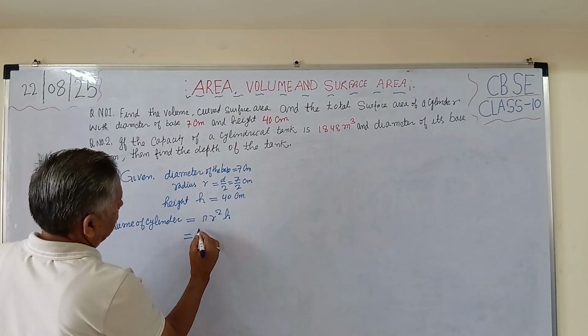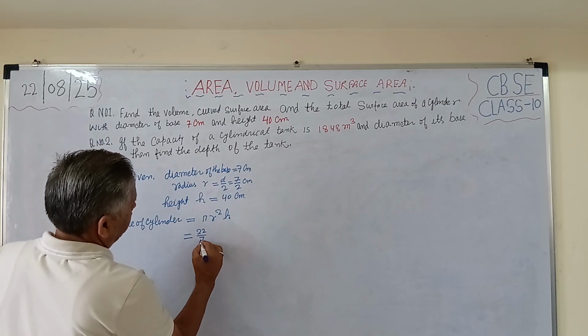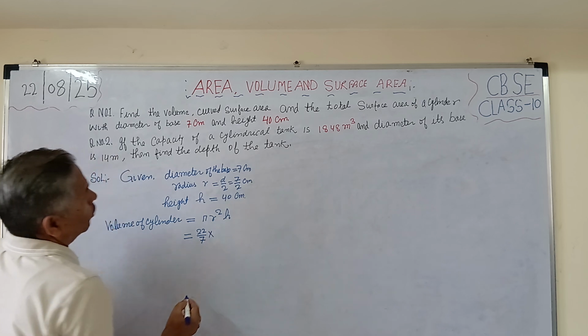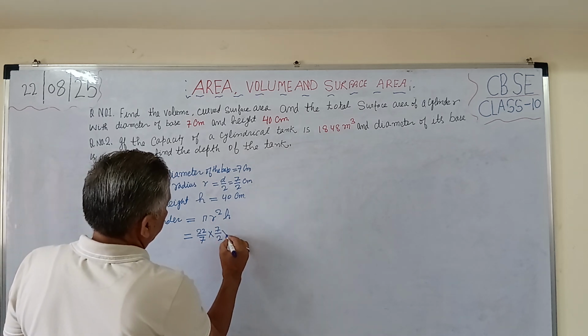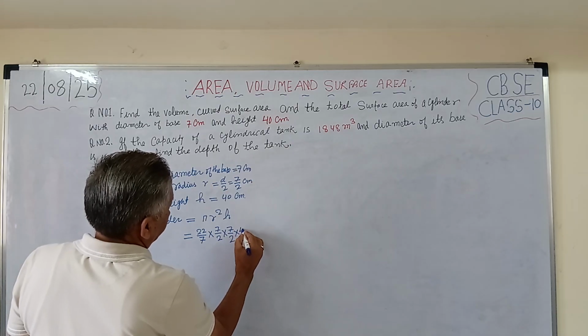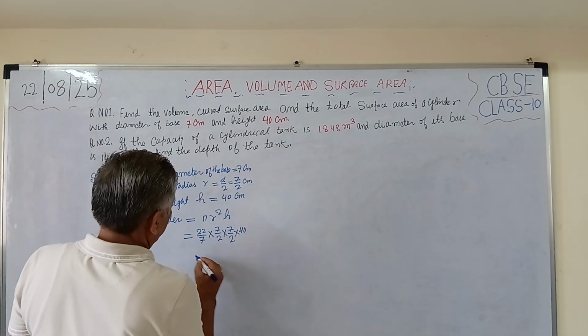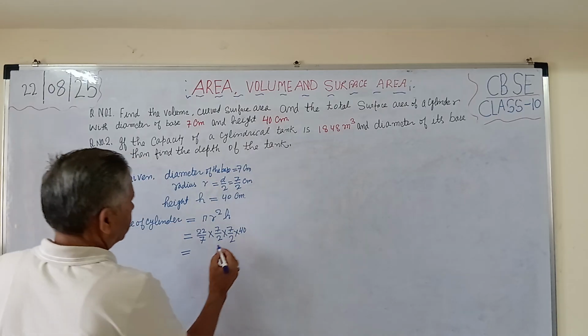Now I will put the values. 22 by 7, pi r square is 7 by 2 into 7 by 2, into height is 40 centimeter. So now we will solve it.